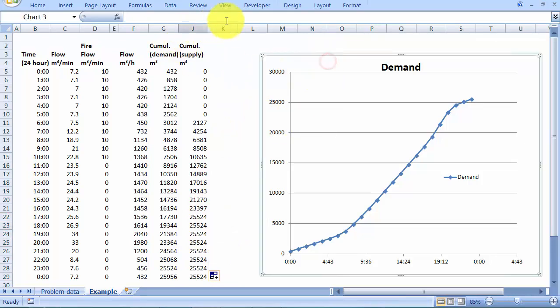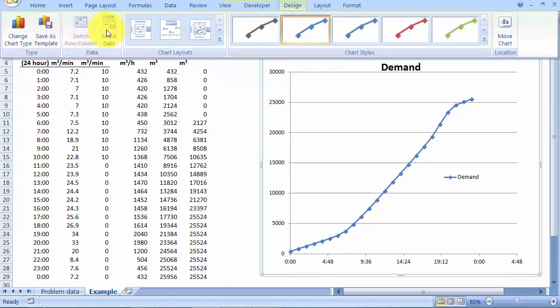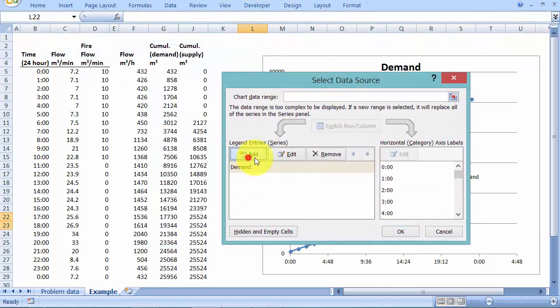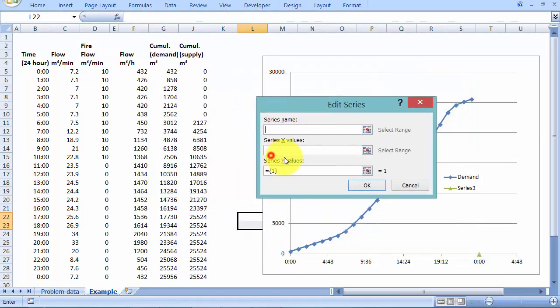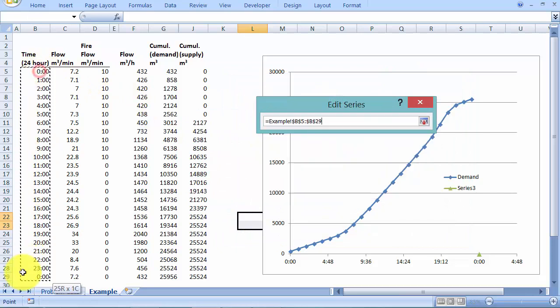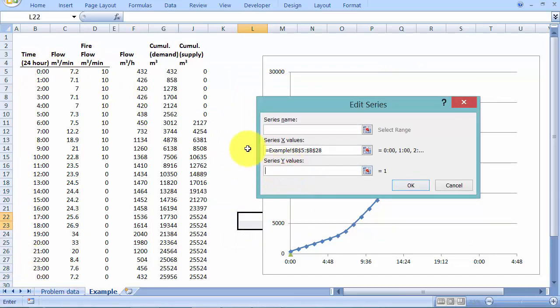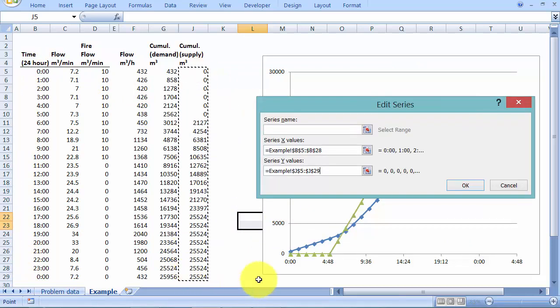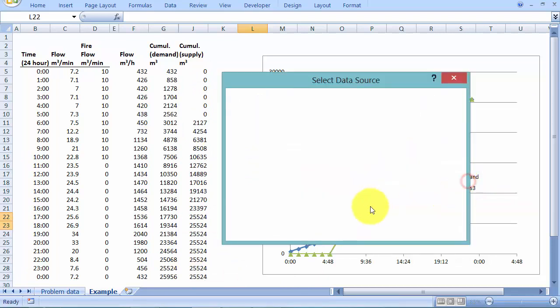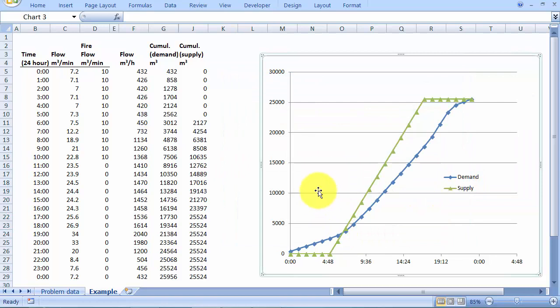Okay, again we can plot a graph of this. So our demand hasn't changed, but we now have a different supply. So our supply now takes the following shape.